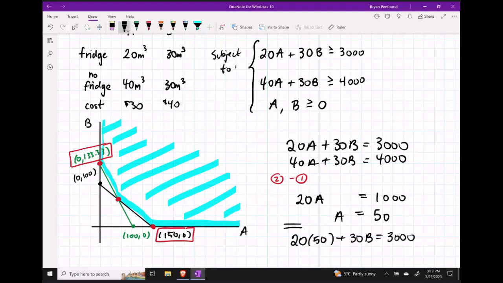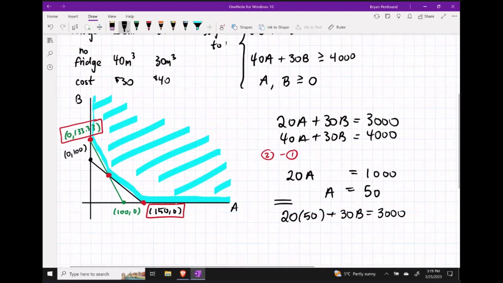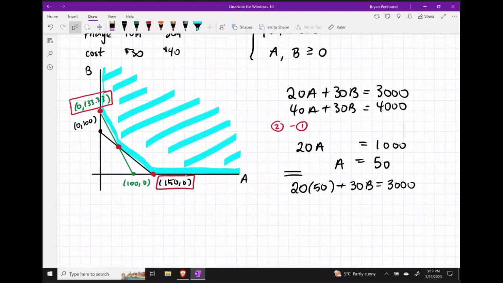If we know that a is equal to 50, we can sub that into our first equation. Let's say 20 times 50 plus 30b is equal to 3,000. We know 20 times 50 is equal to 1,000. So let's go ahead, let's subtract 1,000 from both sides.